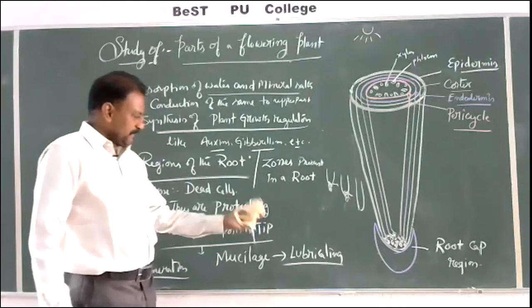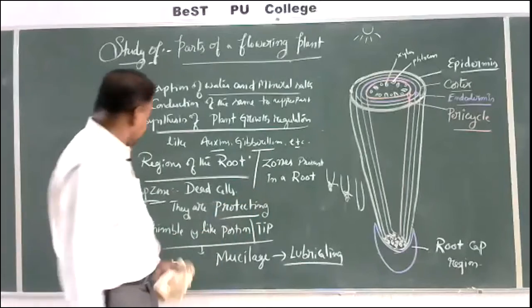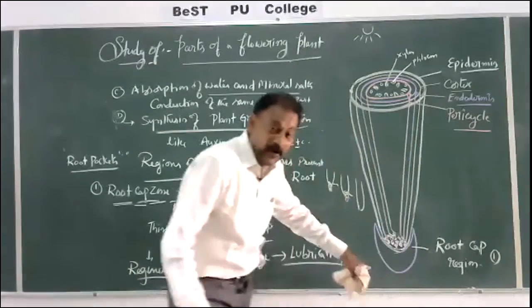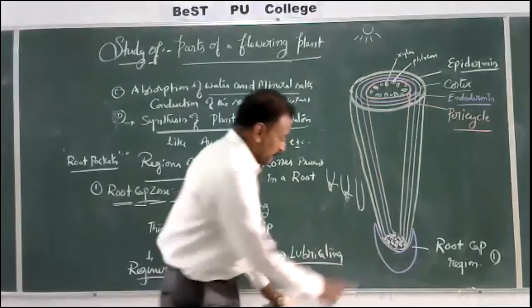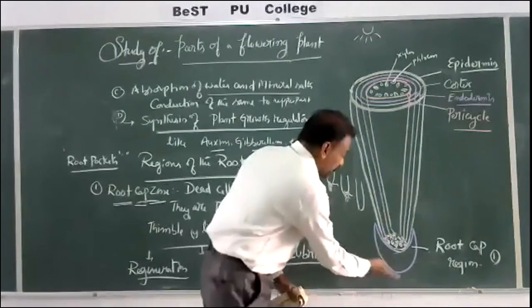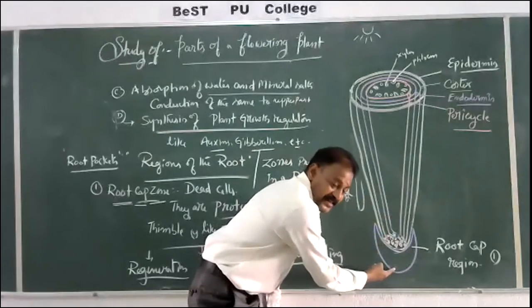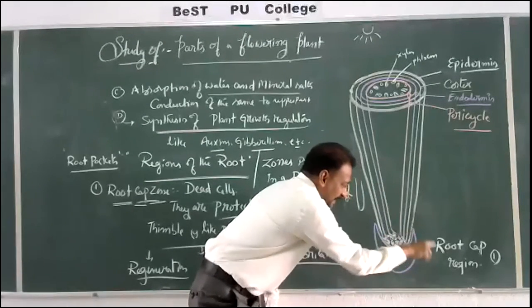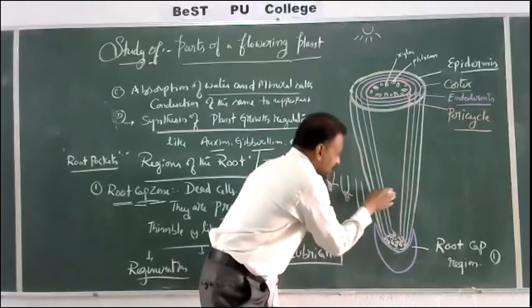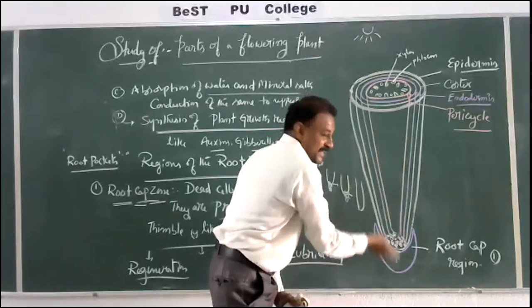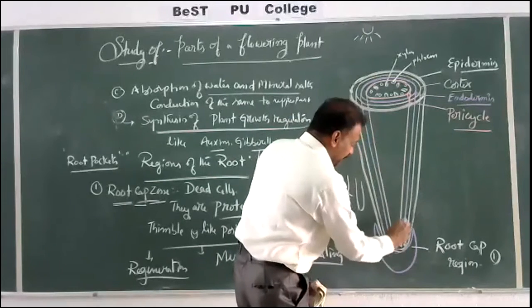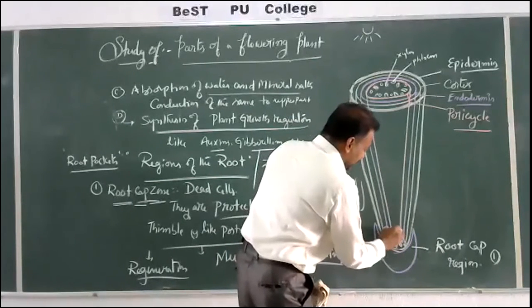So here the root cap region is the first region. Just above the root cap region, a few millimeters above the root cap, this is called distal to the proximal end of the root cap. This is proximal, this is distal. Like that, I just explained. From the root cap to the proximal end of the root cap, there is a region.